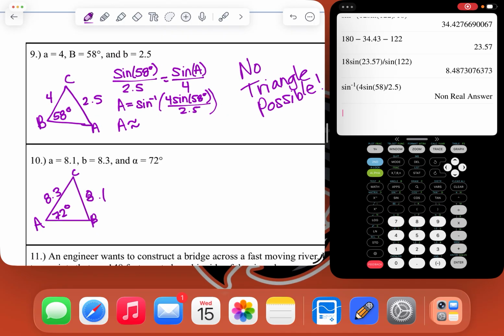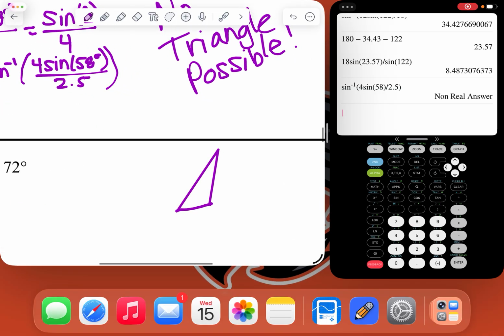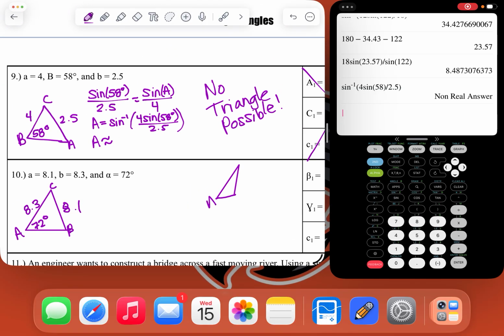So we are going to have to also consider, if we swing that arm in and have it be more like this, we are going to have to solve for the second triangle here if we can.